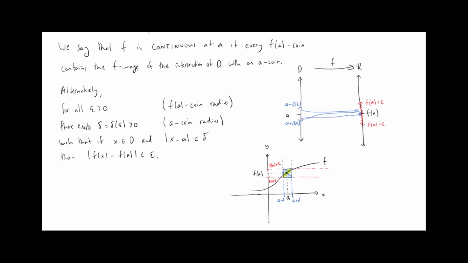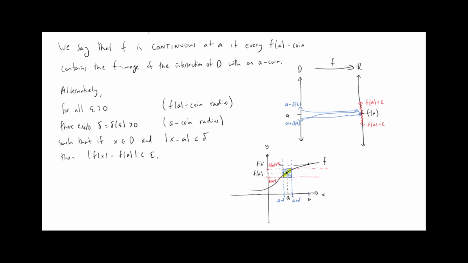Now, an important point, which we're going to come back to later when we discuss uniform continuity, is that this rectangle I draw absolutely depends on the choice of a. That is, if I chose a different input point, like maybe I had a b over here, and somebody says, okay, well, what's f(b)? Well, f(b) is some point up there.